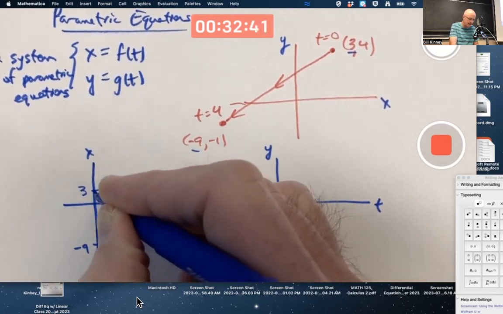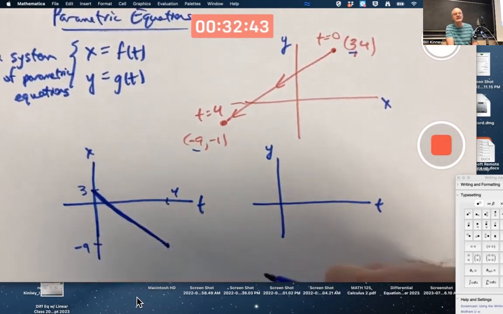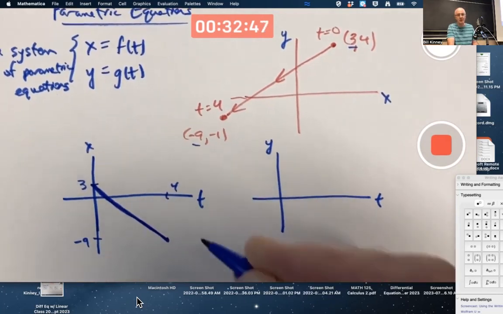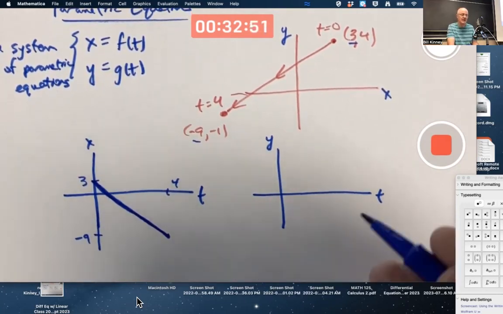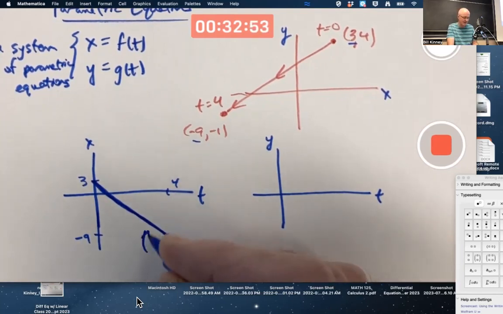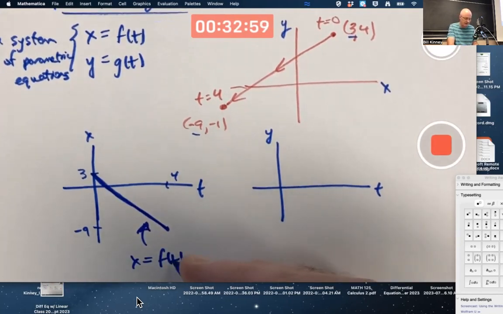That's supposed to be a straight line, even though it doesn't quite look straight. So that should be a graph giving us the x coordinate of the bug's location as a function of time. X equals f of t. And hey, I could figure out a formula for that. It's a straight line, right? Find the slope and the intercept.